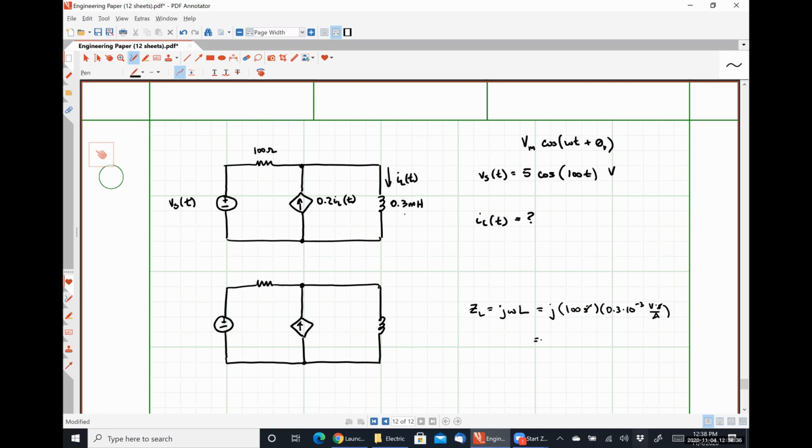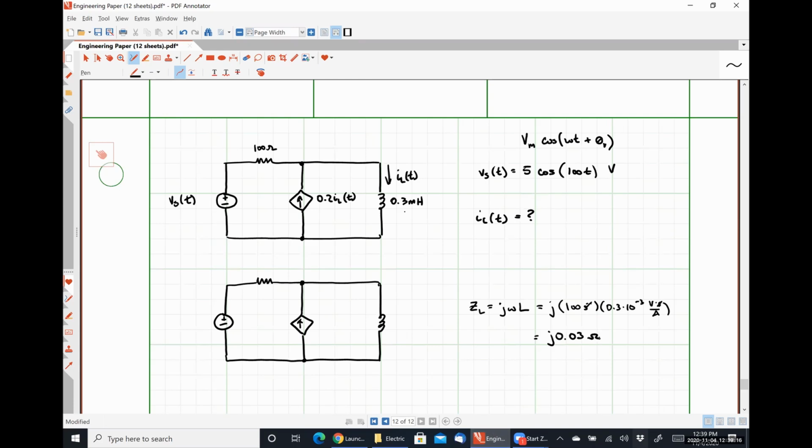Somebody do the math on that real quick. All right, so 0.03. All righty, so we have j0.03 ohms here.